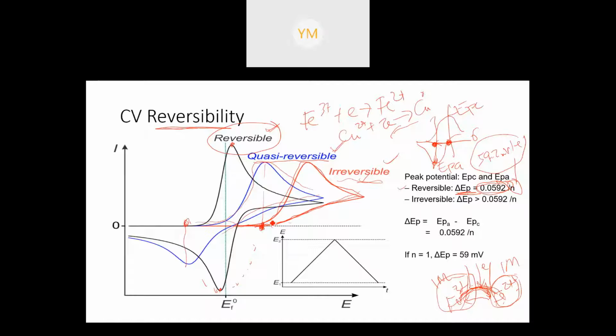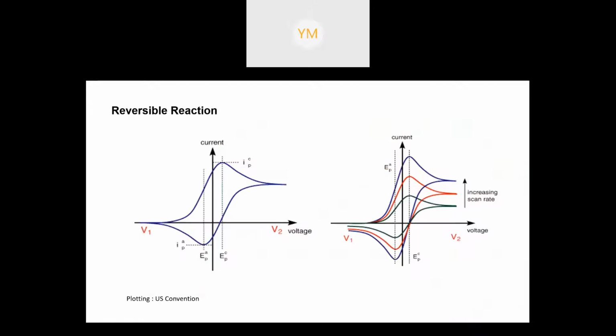Not 60 millivolt or 59.2 millivolt, but more, probably 150 millivolt. So this shows that it is quasi-reversible. It looks like reversible in shape, but it is not reversible. Do you understand that? I hope you understand.